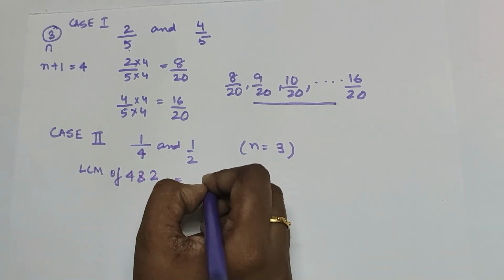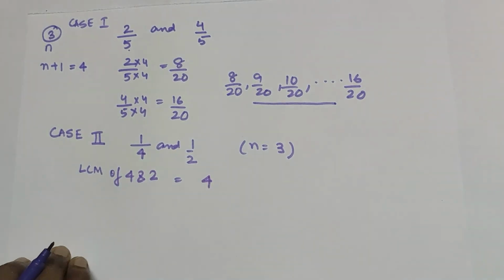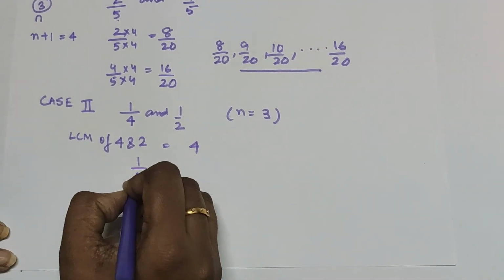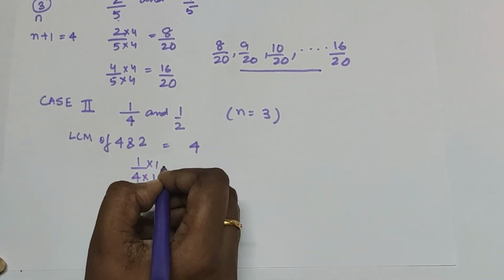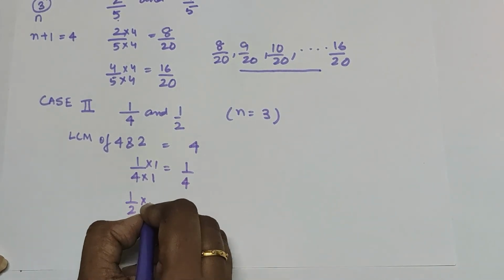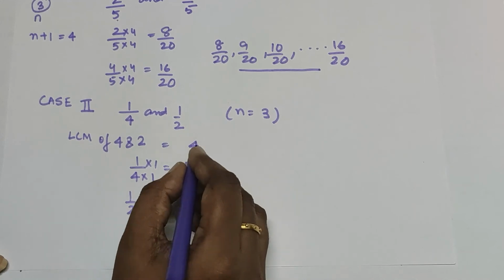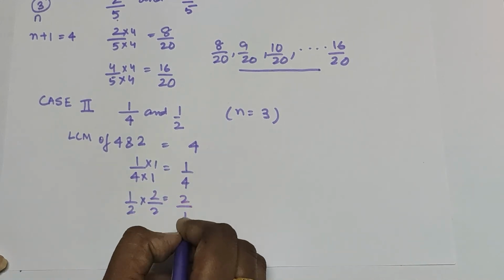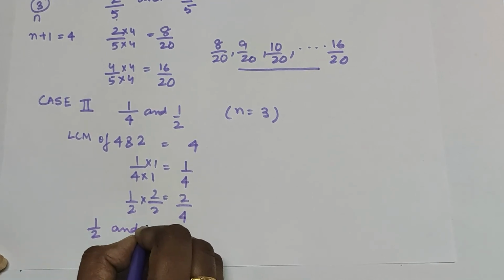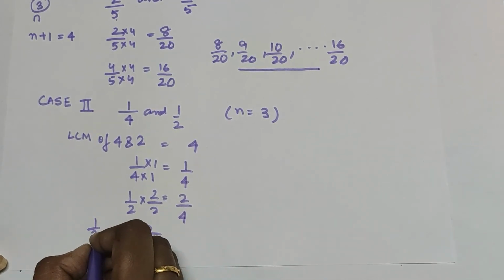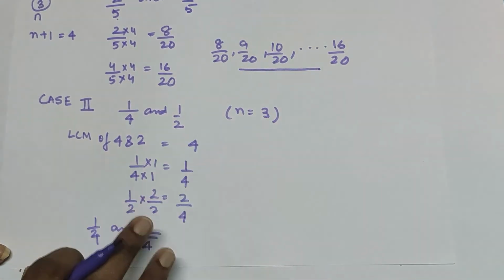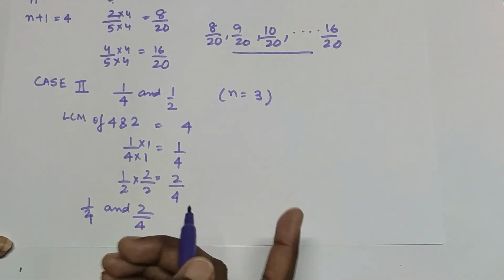That will be 4. As the LCM is 4, we need not multiply anything for 1/4, it is already 4. But for 1/2 we have to multiply by 2 to make the denominator 4, so 2/4. After getting 1/4 and 2/4, we have to insert 3 rational numbers, so 3 plus 1 is 4.